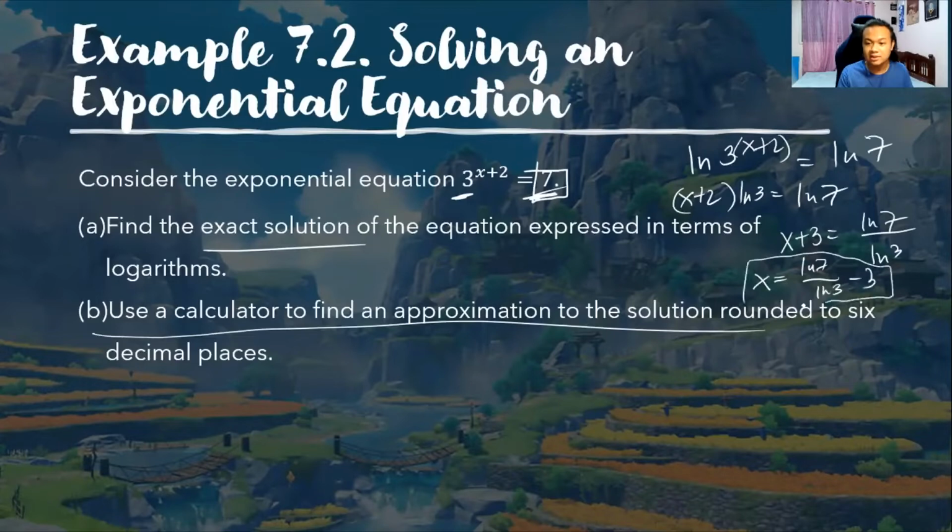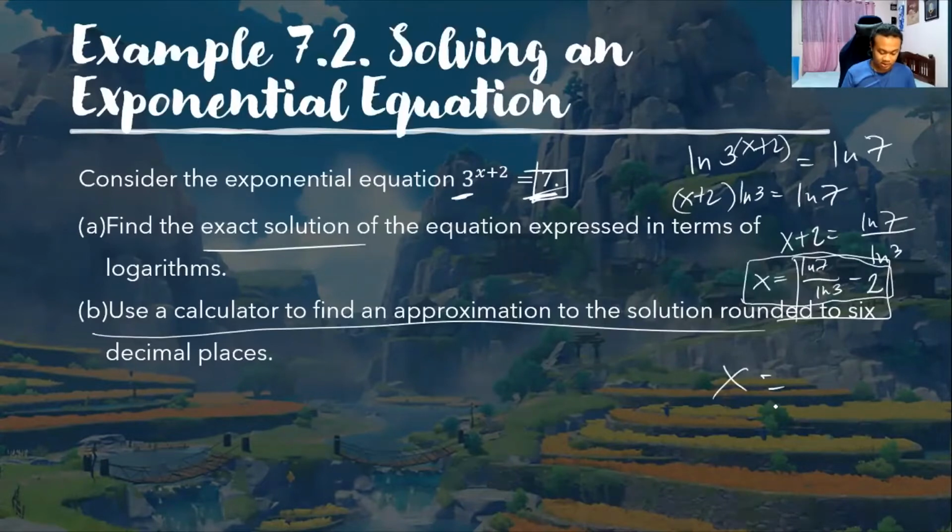Okay, so that's the exact solution. But if you use a calculator to find the approximation, just input ln 7 over ln 3 minus 2 into the calculator.